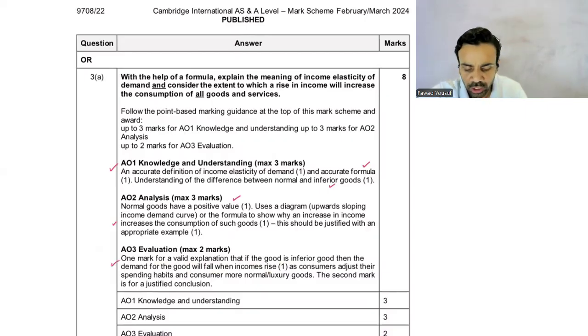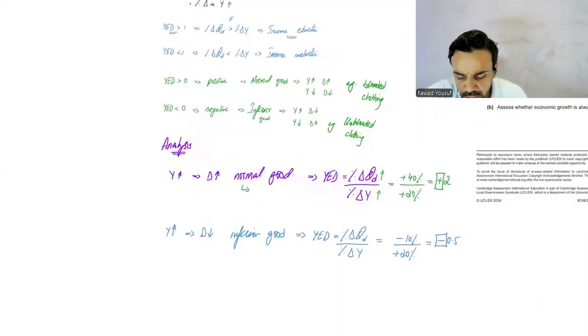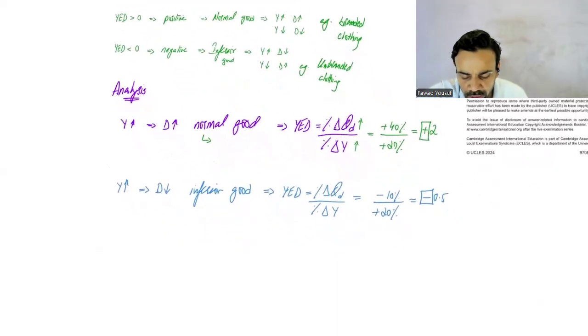So we got the evaluation mark just in case, you know. The second evaluation mark, as consumers adjust their spending habits and consume more luxury goods, the second mark is for a justified conclusion. So I think the discussion we did here actually counts to a large extent in evaluation.